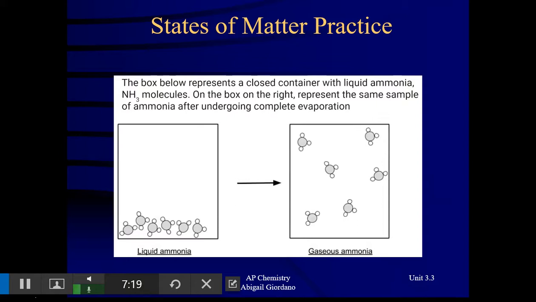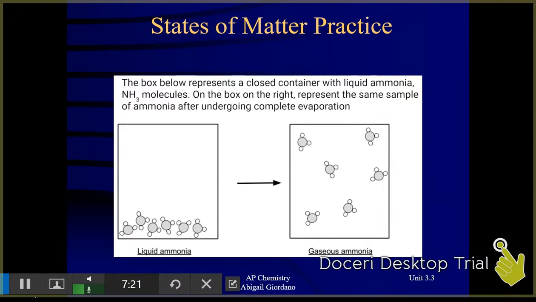And the third requirement is that you kept the molecule together, meaning each molecule is still intact. You did not break the covalent bonds.